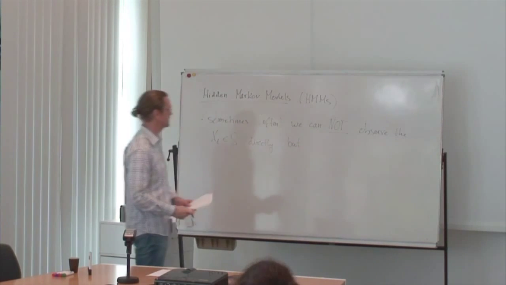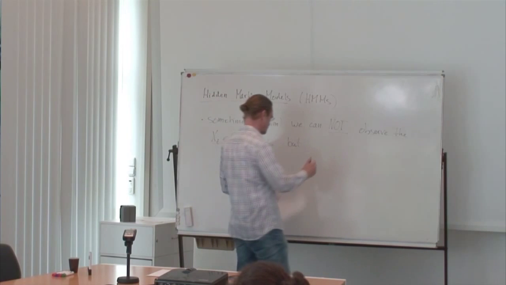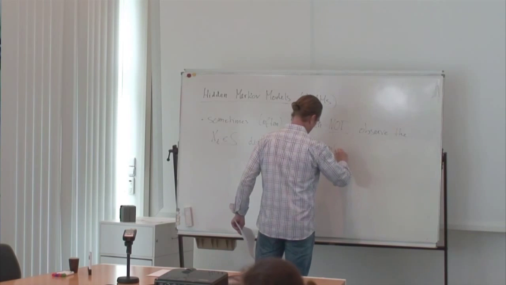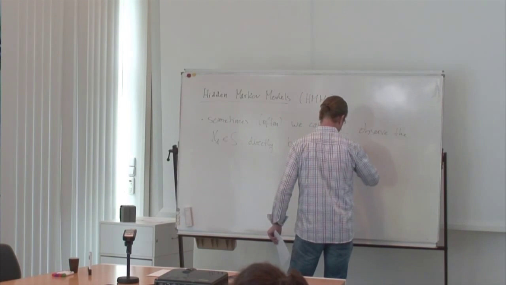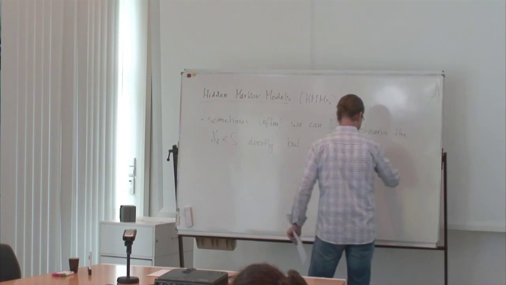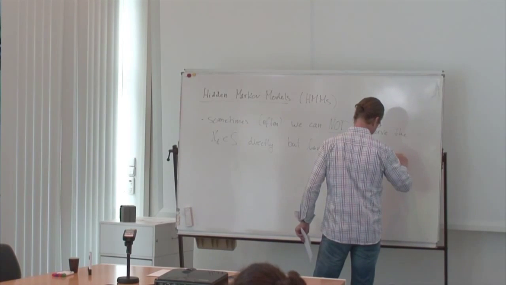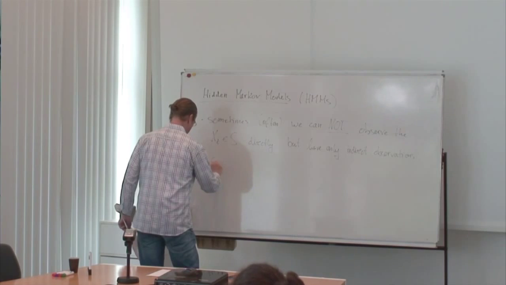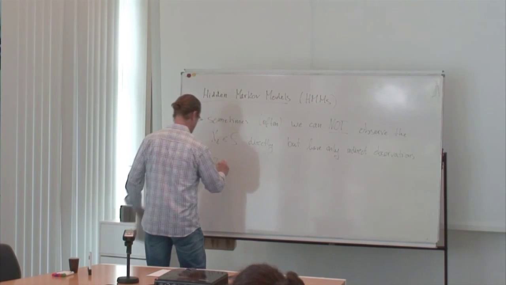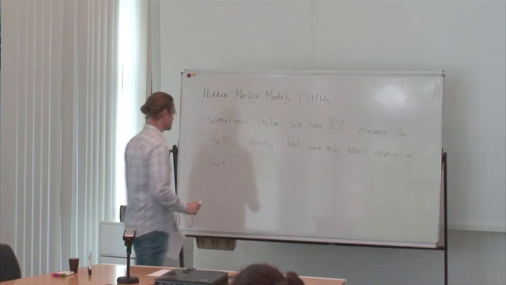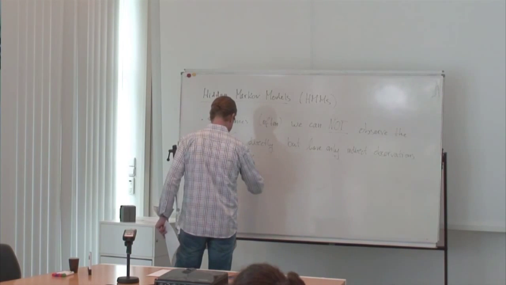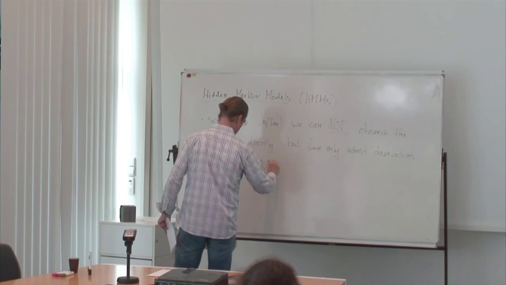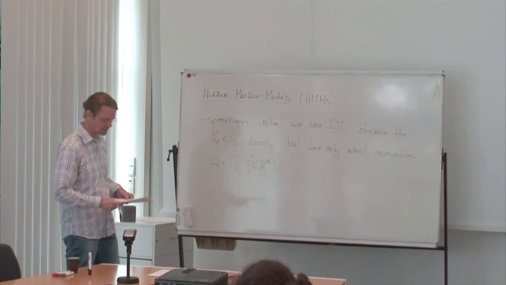instead of being able to observe them directly, we have only indirect observations, and I'll call them vector OT, in some set O of observations, and for instance that could indeed be a set of d-dimensional real vectors, something else.